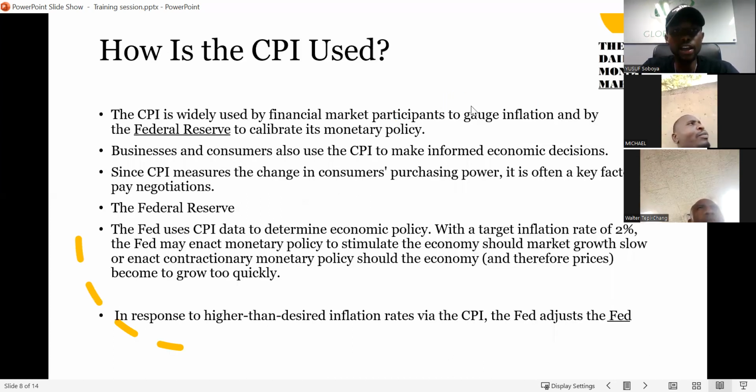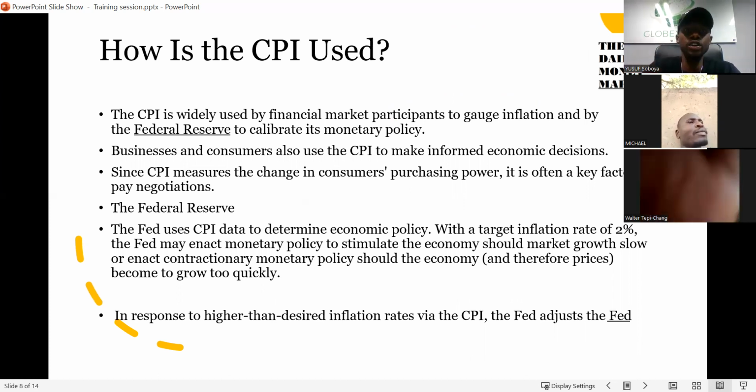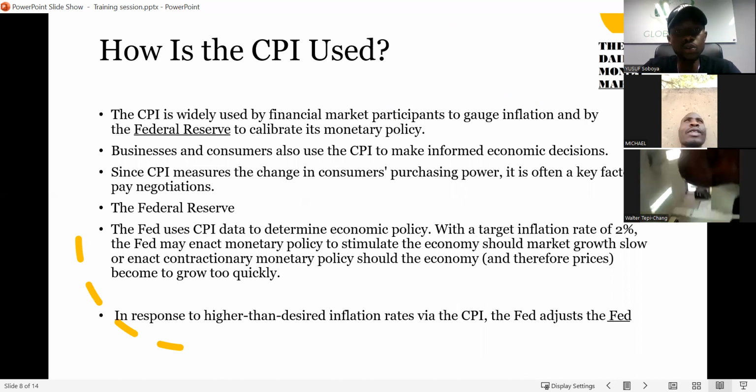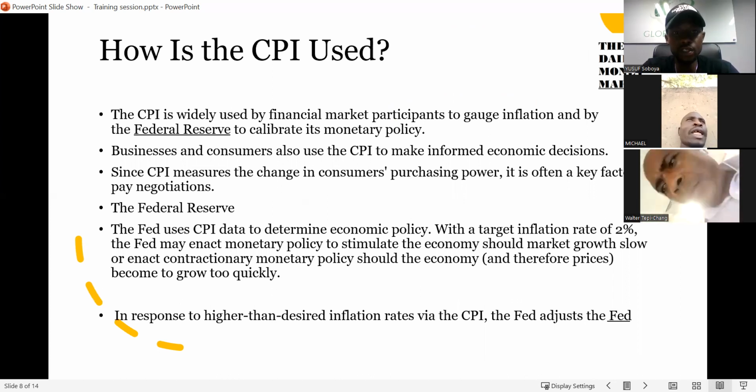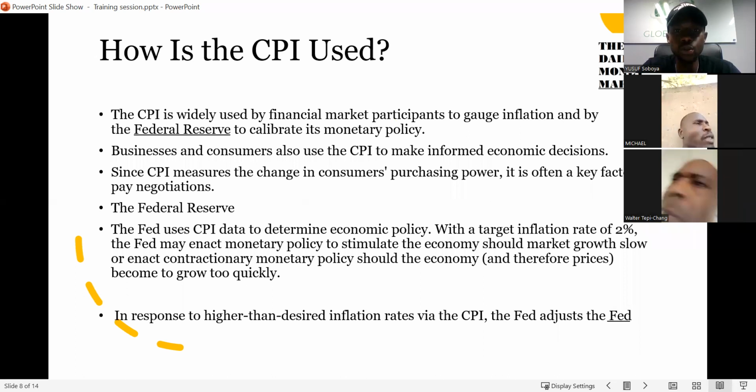How is the CPI used? The CPI is widely used by financial market participants to gauge inflation, and by the Federal Reserve to calibrate its monetary policy. So businesses and consumers also use the CPI to make informed economic decisions, right?